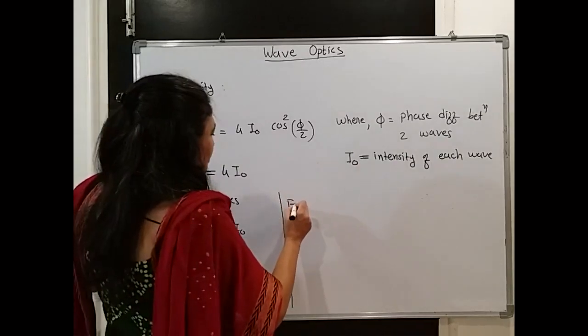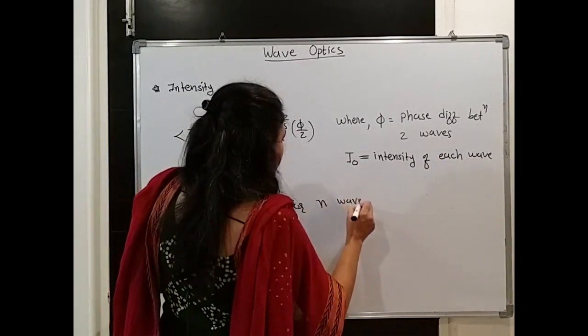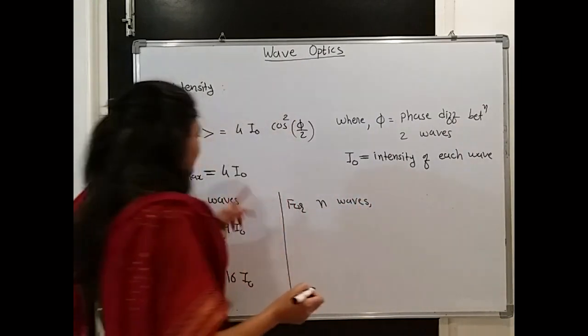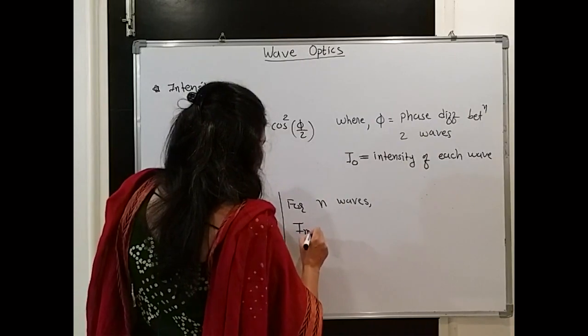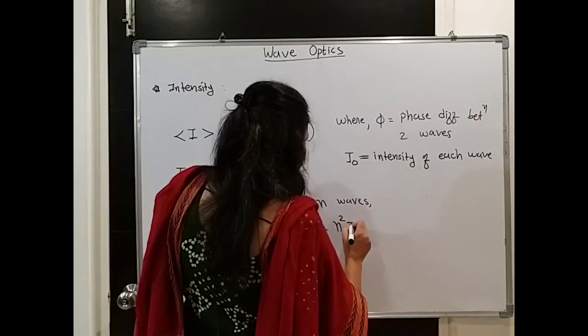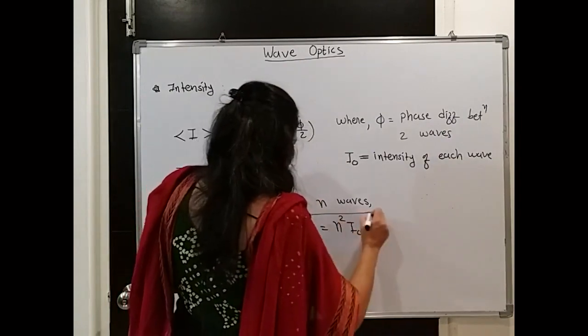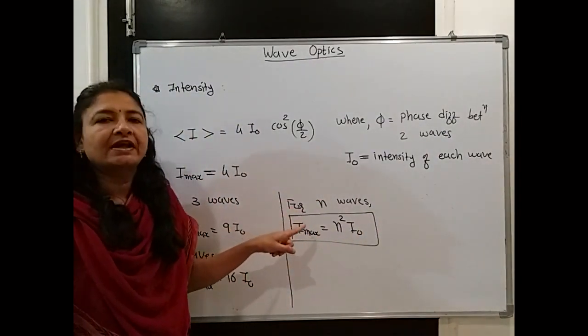Similarly, for n number of waves, each of them having intensity I0, the maximum possible intensity I maximum is equal to n square I0. You have to remember this formula. I maximum is equal to n square I0.